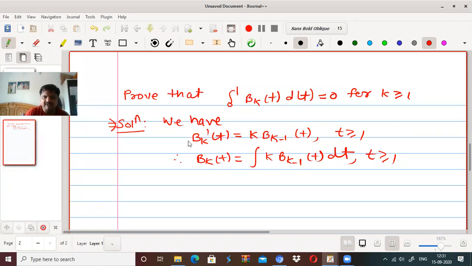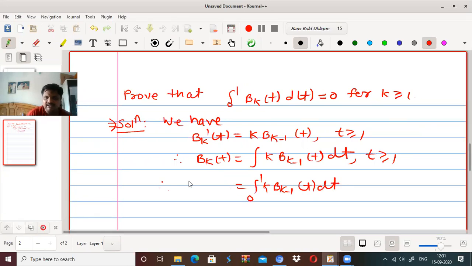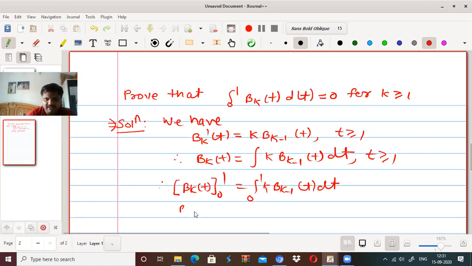If the derivative of b_k(t) is this, then its integral must be b_k(t), and therefore the integral from 0 to 1 of k into b_{k-1} of t into dt will be b_k(t) from 0 to 1.